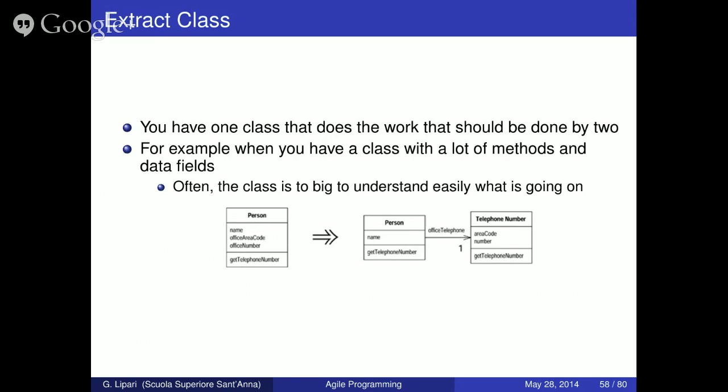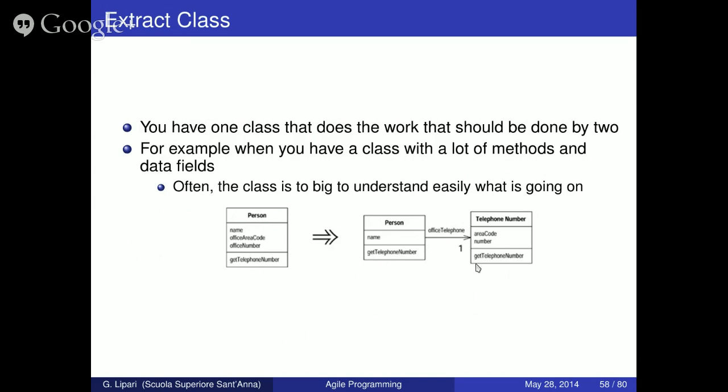And you want to split and you want to delegate the description of the telephone to a different class, which is called the telephone number. So after the refactoring, you will have two classes, person, which has a name, and a pointer to a class telephone number, which contains the area code and the number for the office. And as a method, get telephone number, that is just a redirection of get telephone number of person.